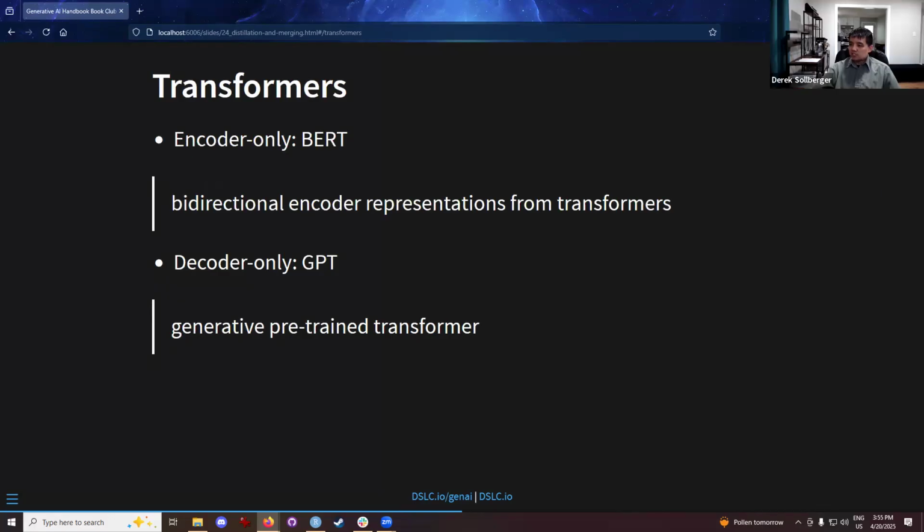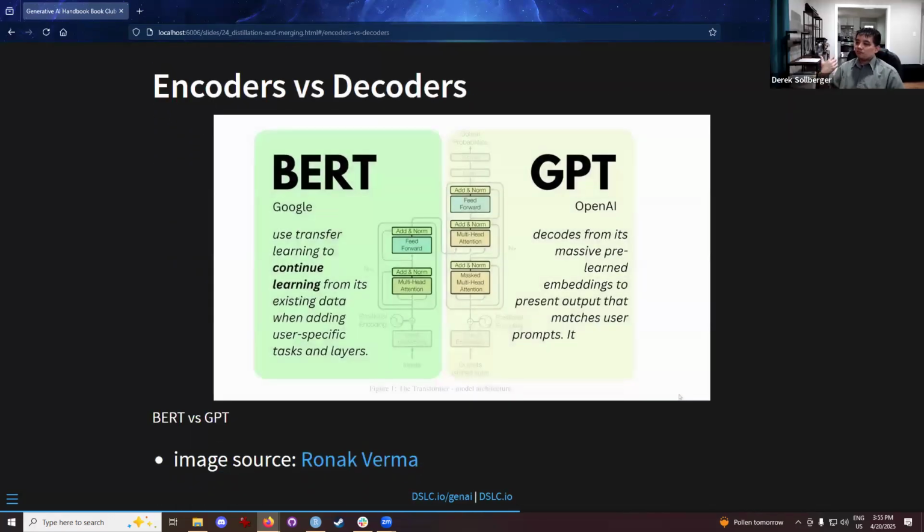And I'm really hoping the next diagram shows up. Oh, thank goodness. When we're talking about encoders and decoders, the left-hand side, we usually refer to the BERT models produced by Google. And this is transfer learning, where AI will continue to learn from its existing data.